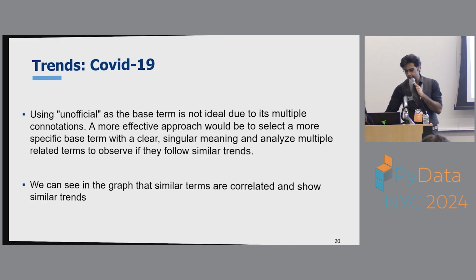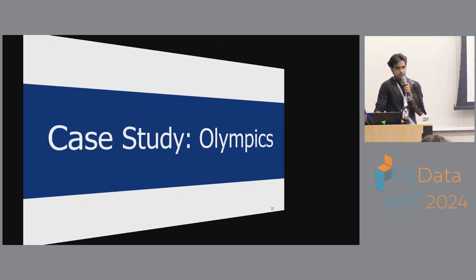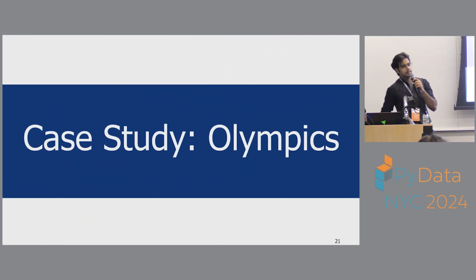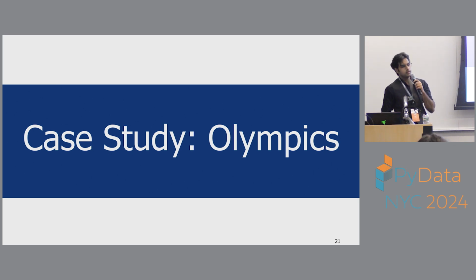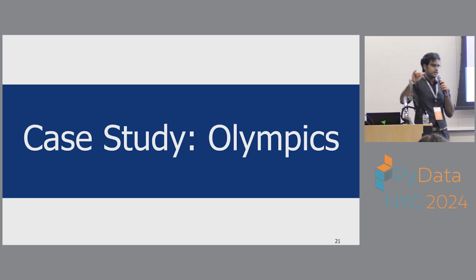The example that we chose was the Olympics. The Olympics happened in 2016 and they were supposed to happen in Tokyo in 2020, but they were pushed to 2021 because of COVID. So we trained our model on 3 sets of years: 2016, 2017, and 2021.